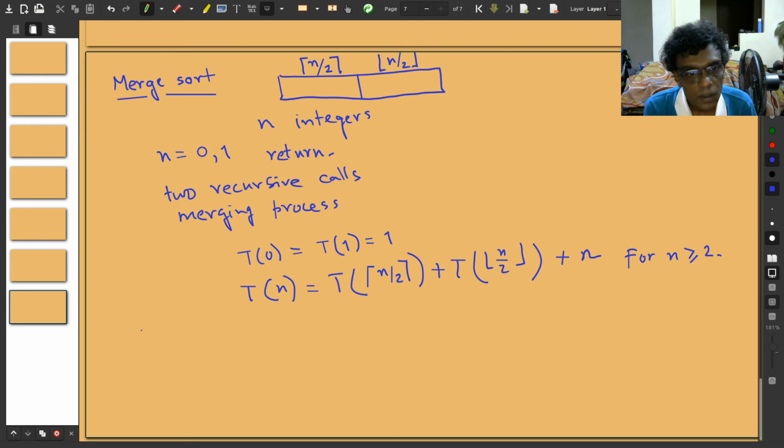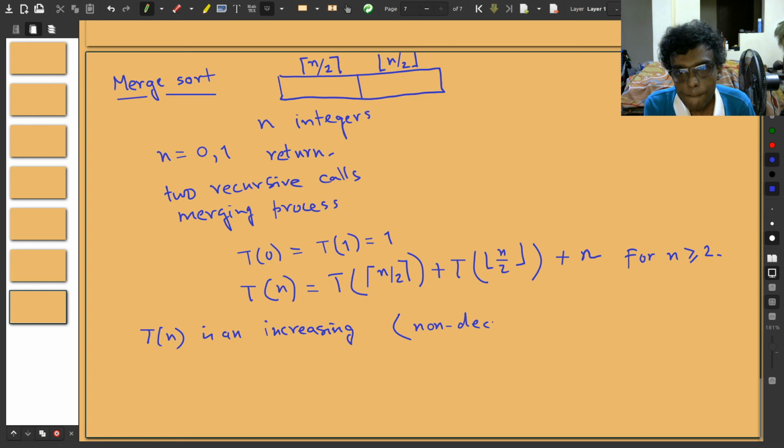Formally we call it increasing, but we mean non-decreasing function of n.